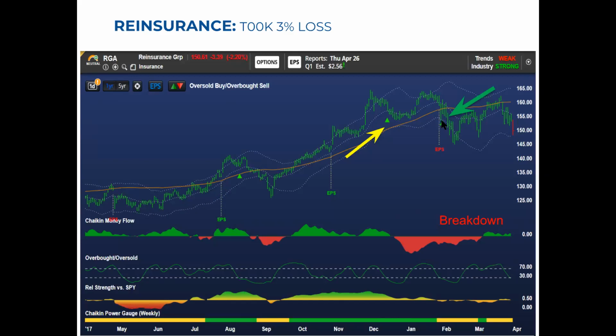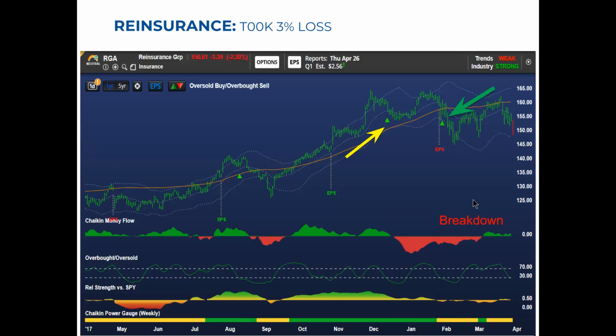And I sold it that day, the day they reported. I sold it at 155, having bought it at 160. So I took a small loss, a 3% loss. But that's a lot better than the loss if I had held on, saying, oh, I think I'll wait for this to come back, because they did get kind of burnt from those pullbacks recently in February, and it's now down at 150.